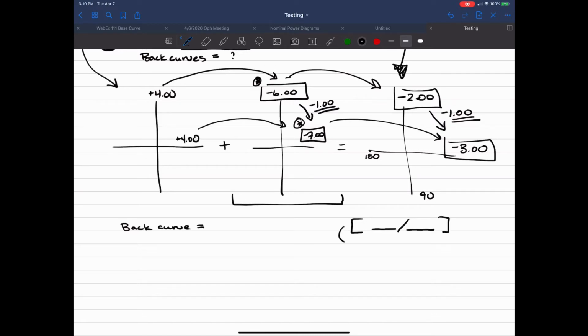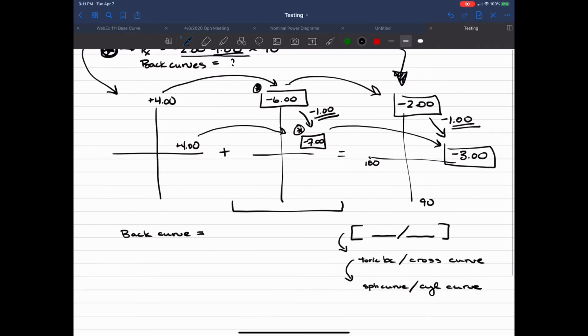What that translates to is the toric base curve / cross curve. It also can be thought of as the sphere curve and the cylinder curve. These all translate right back to each other.